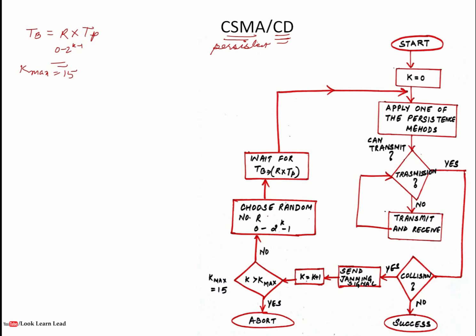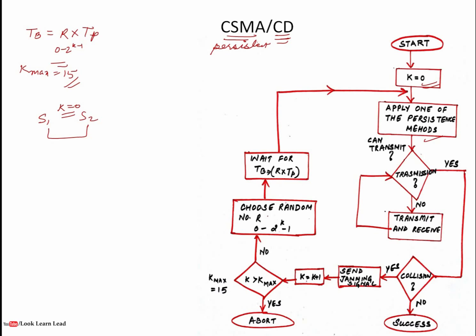For transferring, we are doing two things. We are transferring, and at the same time we are detecting the collision also. Here, k is the number of attempts, and the maximum attempt is 15. First, if S1 wants to send something to S2, it first initializes k equal to 0, and then applies one of the persistent methods.